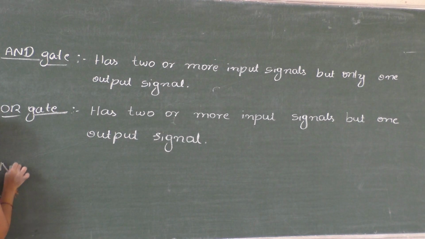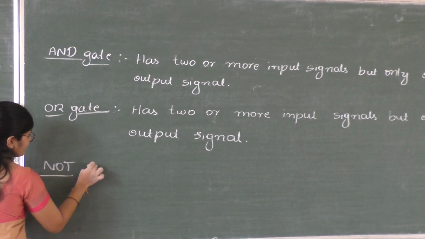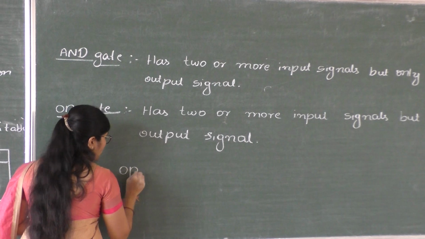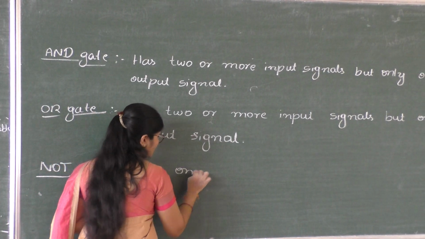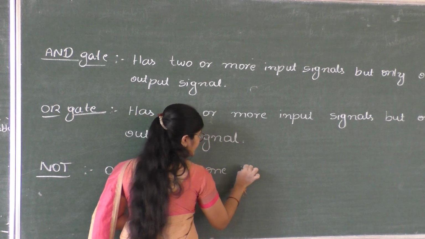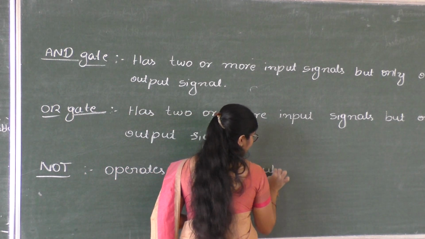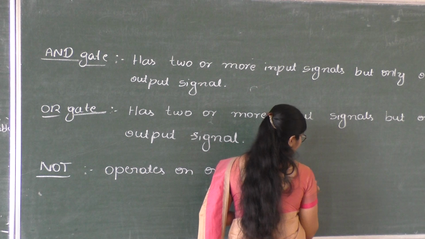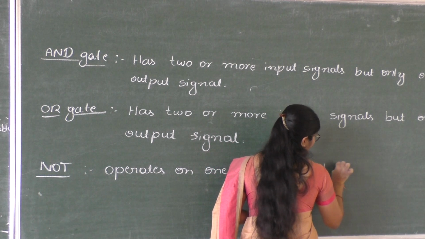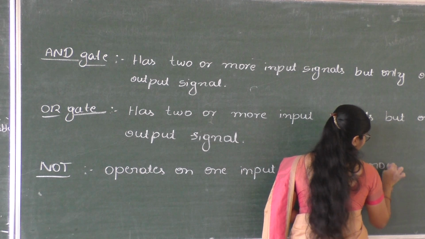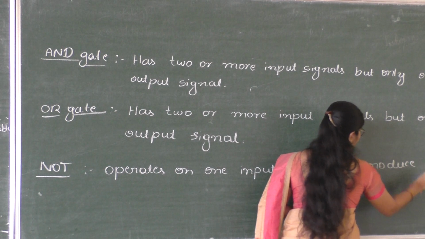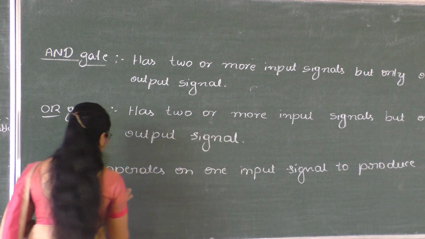NOT gate operates on one input signal to produce one output signal.